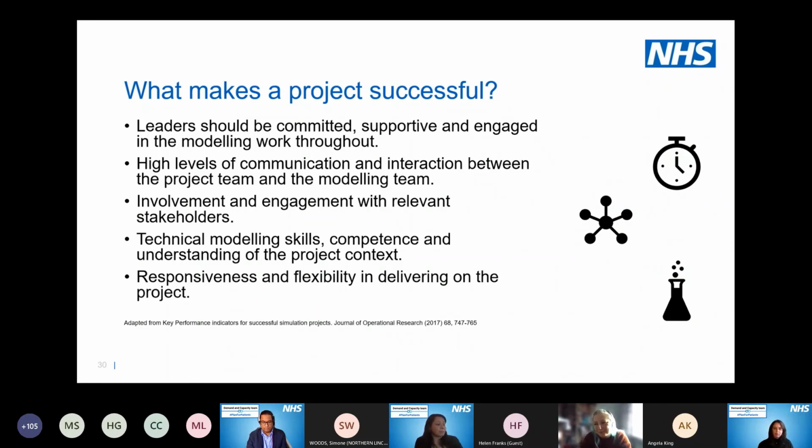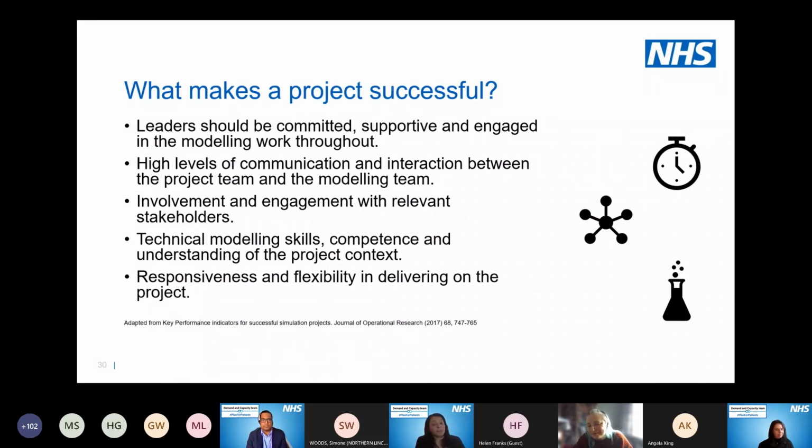In our example with Norfolk and Waveney, we have an SRO sponsoring the project, but we also have a technical lead. He is the head of analytics for the whole ICS, and he was leading the project. Then we have an elective care recovery lead for the whole ICS, and the two of them were co-leading the project. It's not a technical task only.